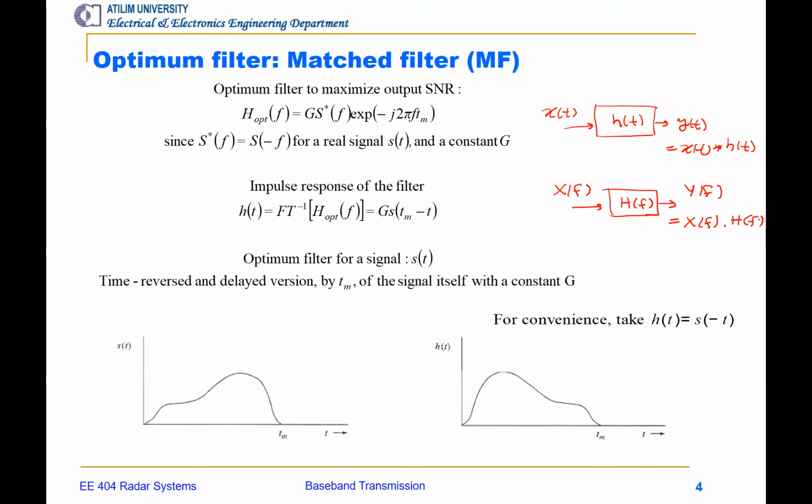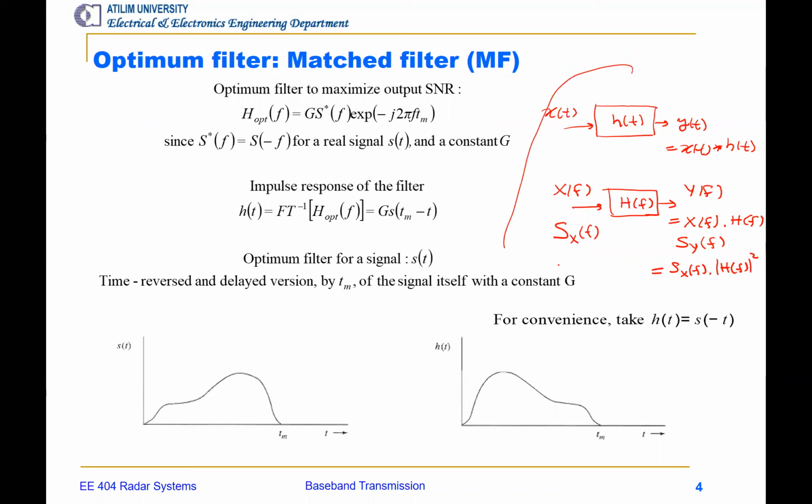We talk about random processes. If there is randomness in the received signal, then we can write the power spectral density. So then the input power spectral density will be Sx of f, and the output power spectral density is Sy of f, and Sy of f is equal to Sx of f times the magnitude squared of the transfer function of the filter.